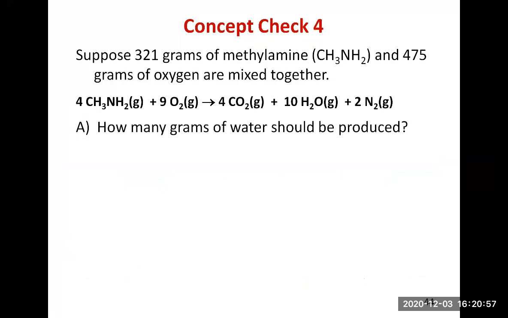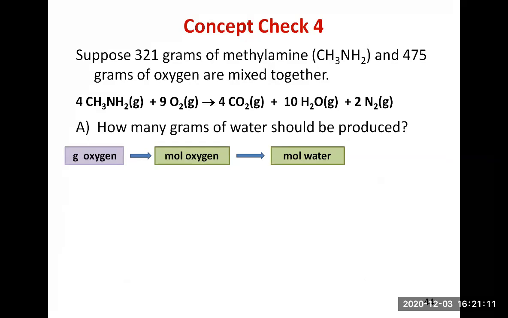So let's write the concept map first. From the 475 grams of oxygen, we will need to change them into moles of oxygen, because we need the moles of oxygen to change them into moles of water using the coefficients from the balanced chemical equation.